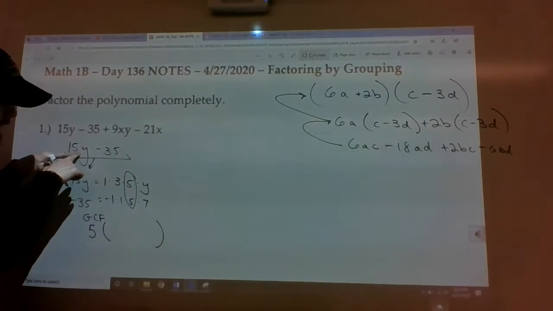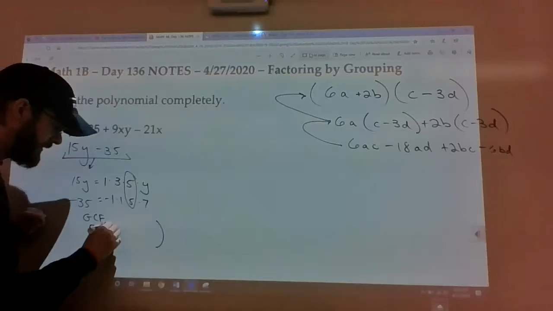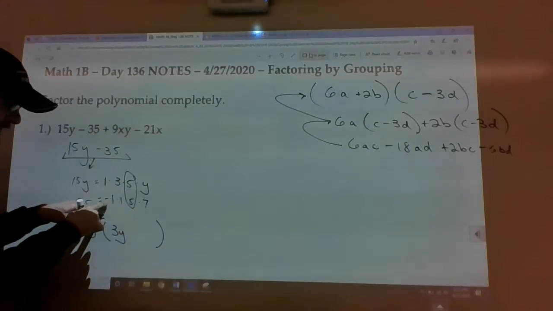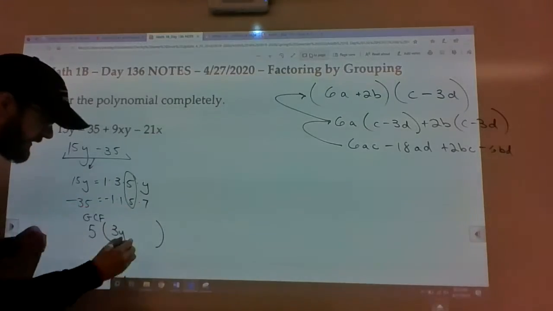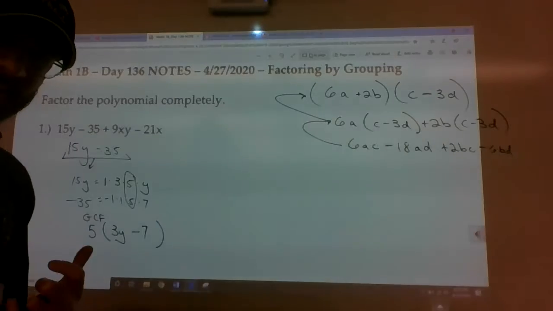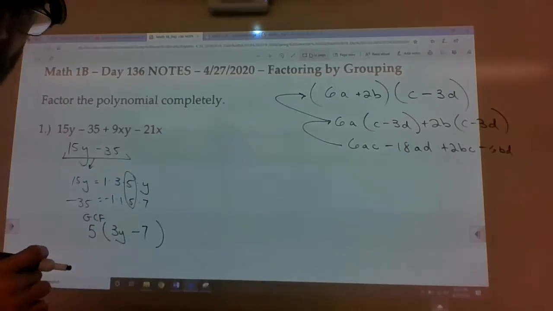So we have placeholders for 15y, which is 1 times 3 times y, and then we have a placeholder for the negative 35, negative 1 times 7. Okay, so we have successfully factored the first group of this 4-term polynomial.